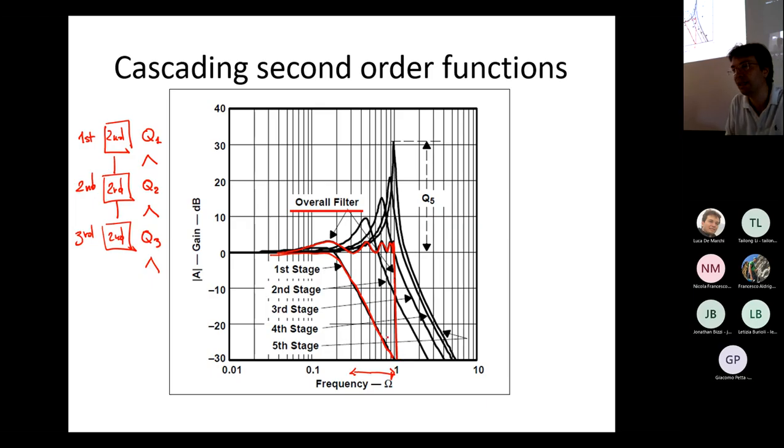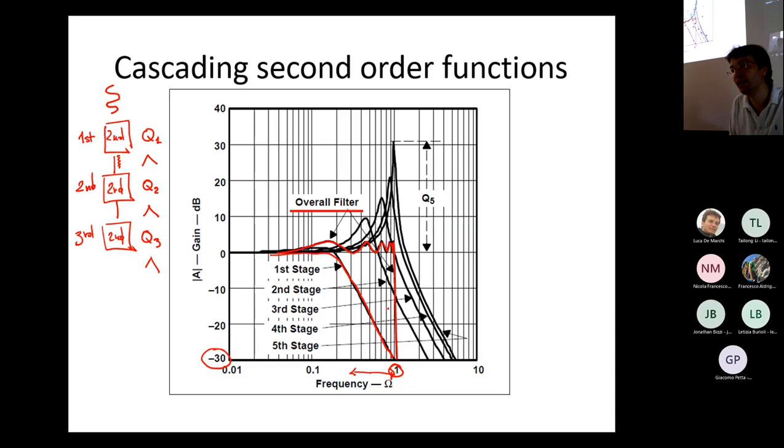This means that when a sinusoid enters the first stage and the sinusoid is placed around the cutoff frequency, this sinusoid is attenuated by a factor which is close to minus 30 dB. Okay? So this sinusoid, after passing through the first stage, is greatly attenuated.